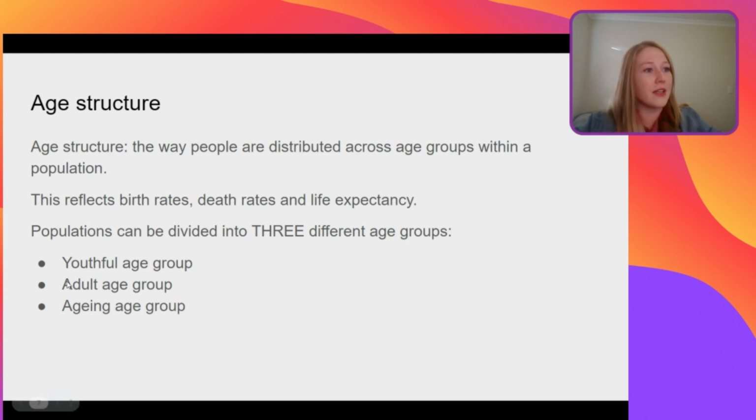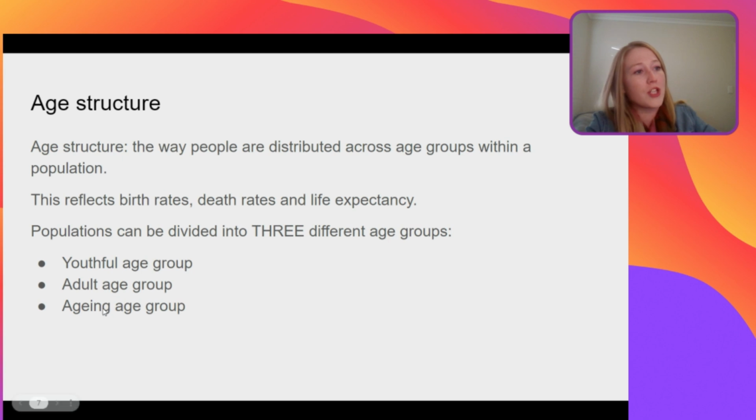So, like I was saying, the proportion of these three groups can explain some things about the different indicators. So if you have a large adult age group, you can also expect to see a larger birth rate or fertility rate.